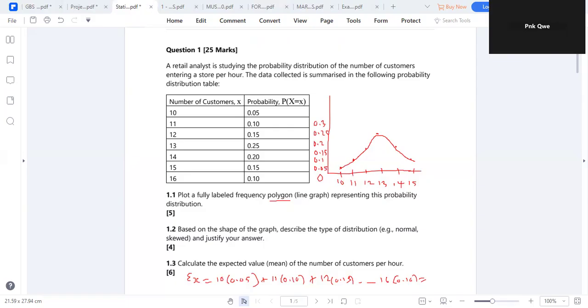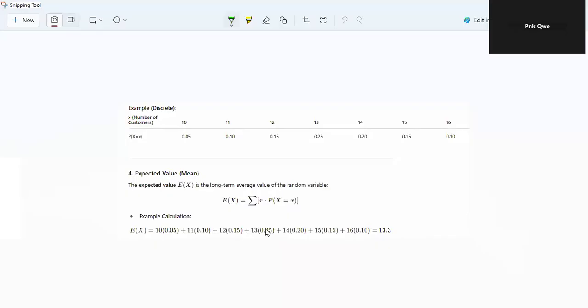So you get 13.3 as our mean, or the expectation.